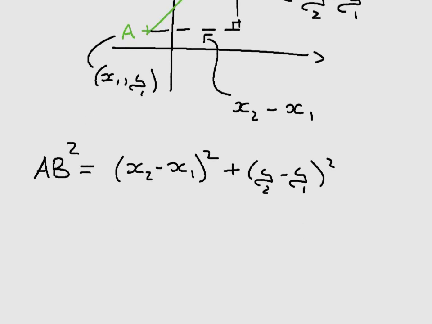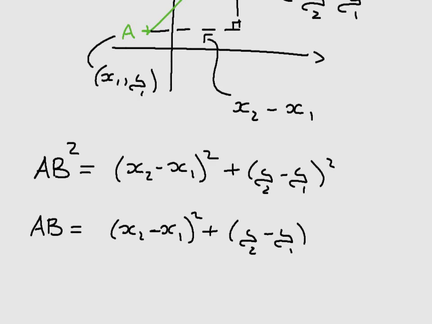This leads us to our formula, which is AB is equal to the square root of all that, so x2 minus x1 squared plus y2 minus y1 squared, and I take the square root of all that. That is the formula for calculating the length of a line segment.